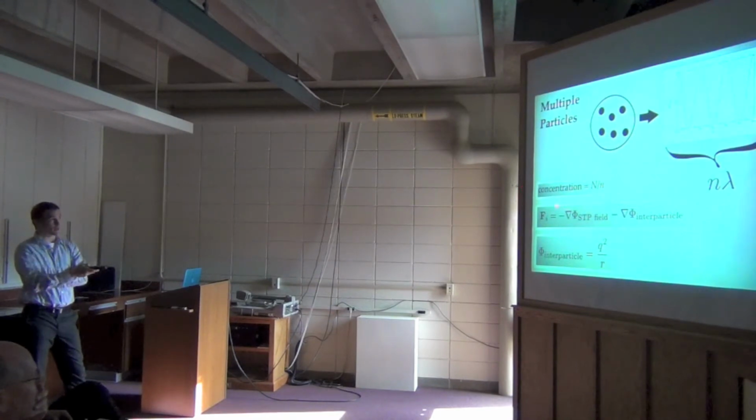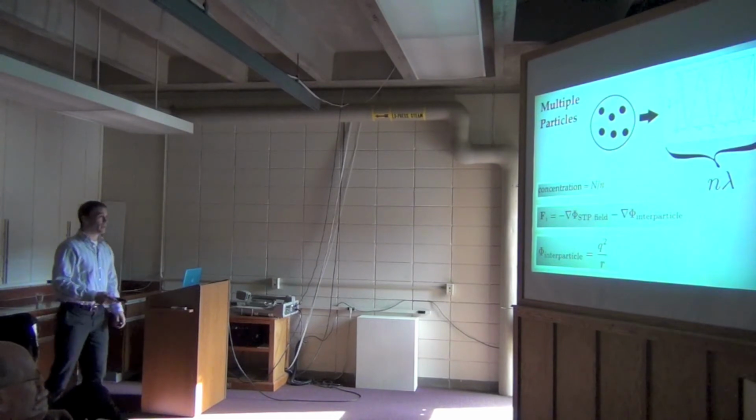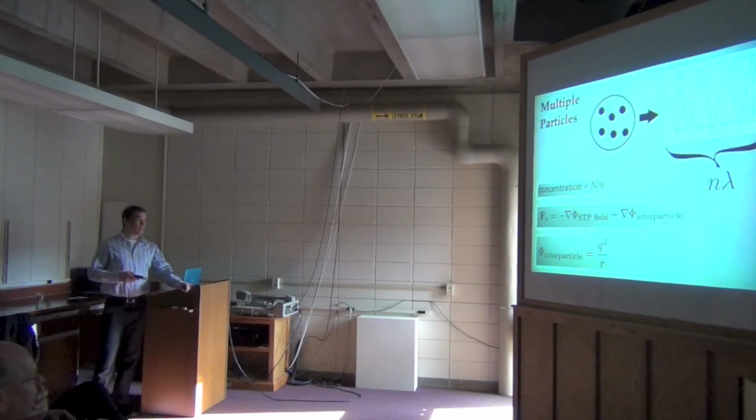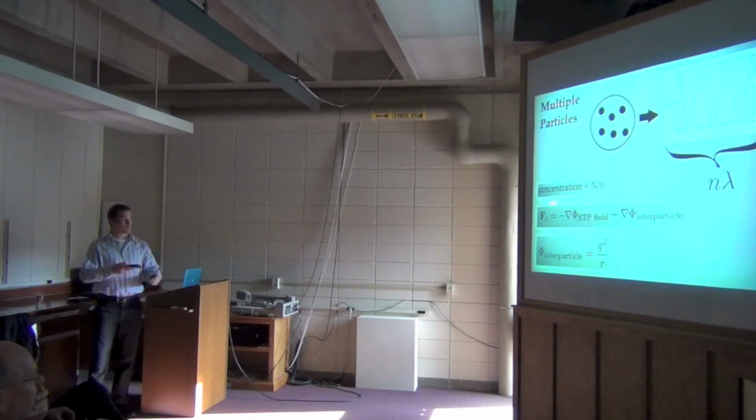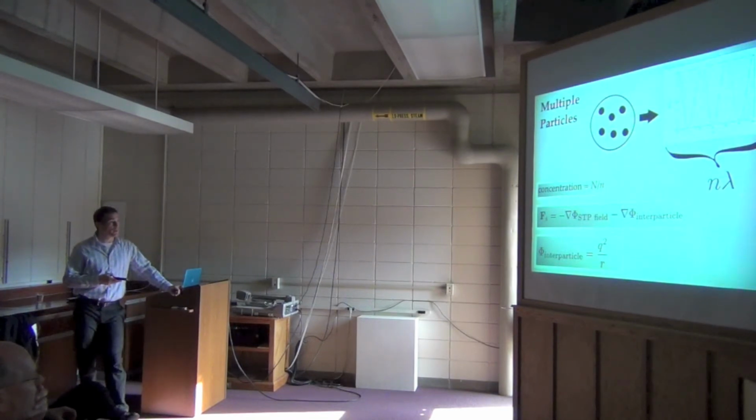We call the concentration the number of particles divided by the number of periods over which we're looking at the system. Depending on the relationship of these two values, you can have different dynamics.